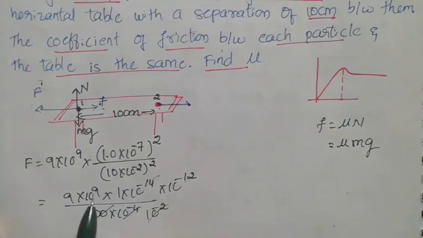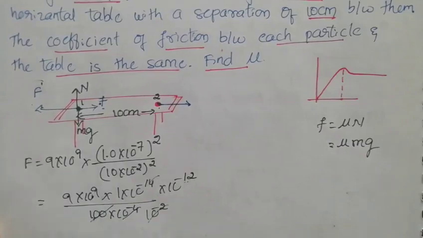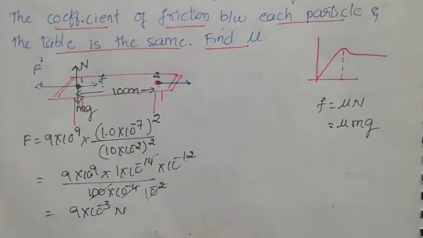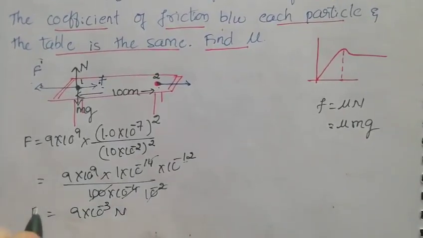Then minus 12 plus 9 gives minus 3. So the answer is 9 into 10 power minus 3 newton. That is the electrostatic force acting between the two charges.